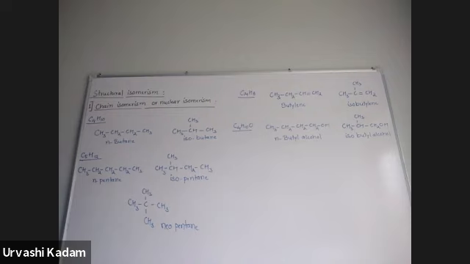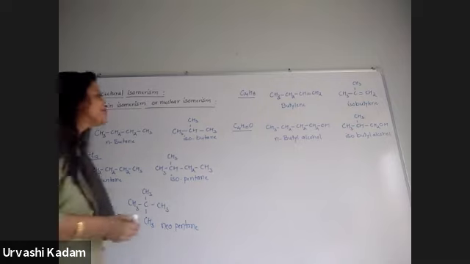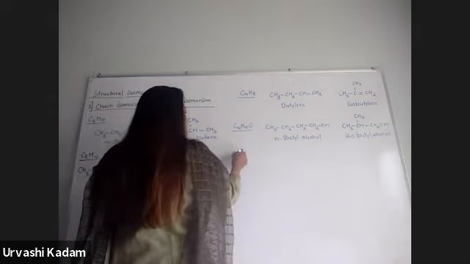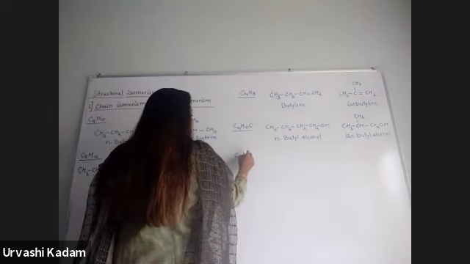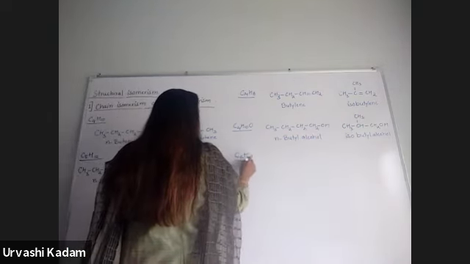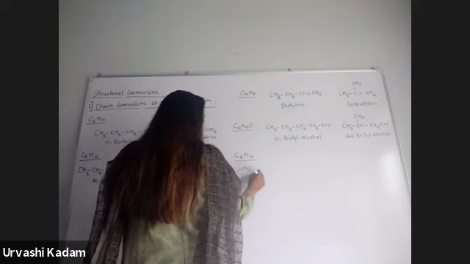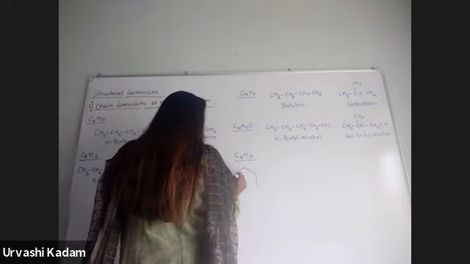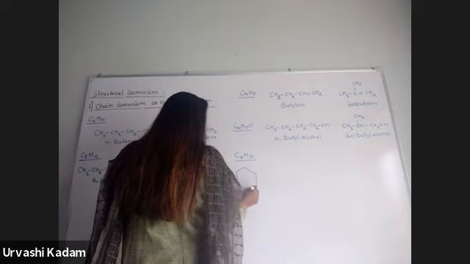Then, does that mean only aliphatic compounds can show chain isomerism? The answer is no. Now I'll show you some alicyclic compounds showing chain isomerism. The next formula that I'm taking is C6H12. So here a better word, nuclear isomerism, can be used.